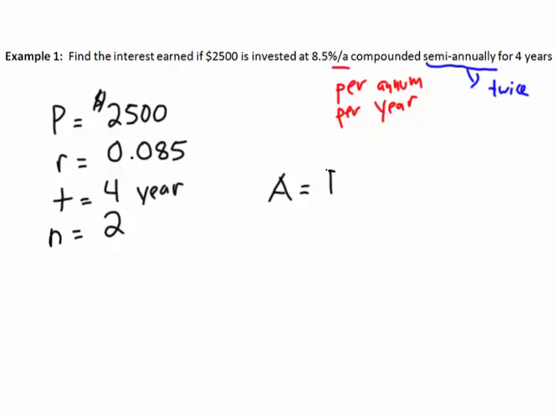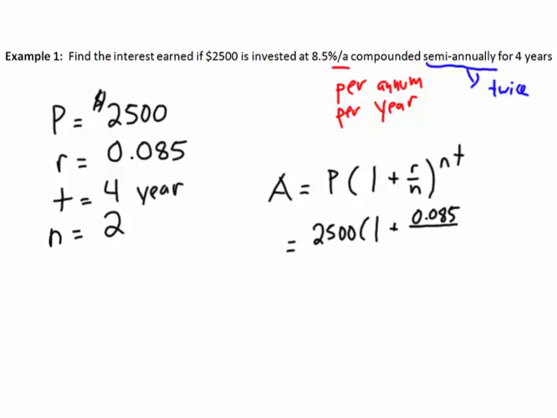So we just use our formula from above. A is equal to P times 1 plus R over N to the NT, and we just plug in our values. 2,500, 1 plus 0.085 over 2, and this is an important piece here.